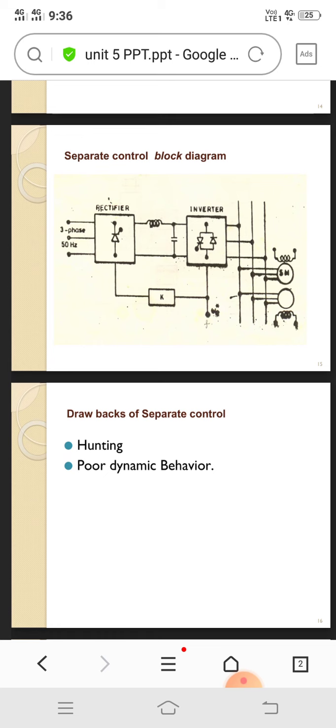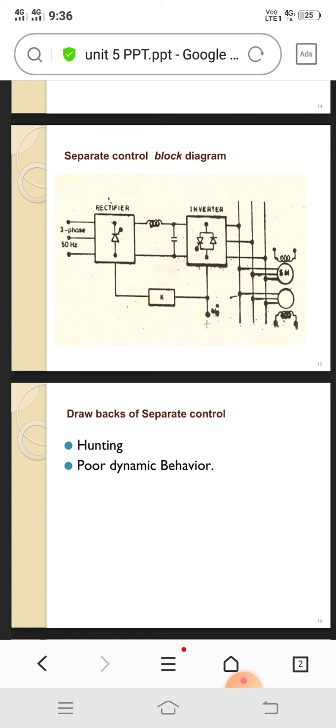So this setup, from the beginning onwards, keeps wavering in its process. So it produces the hunting one. Then poor dynamic behavior.